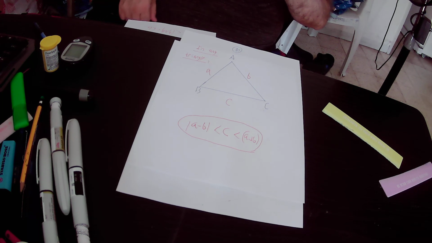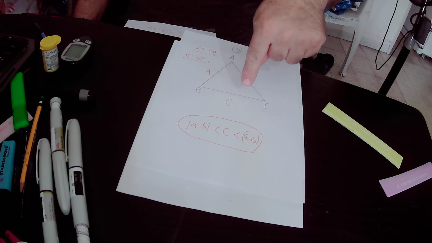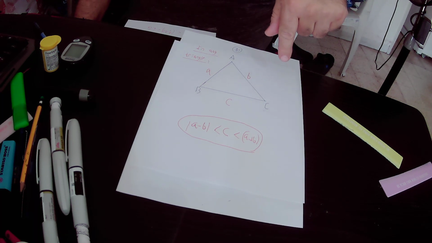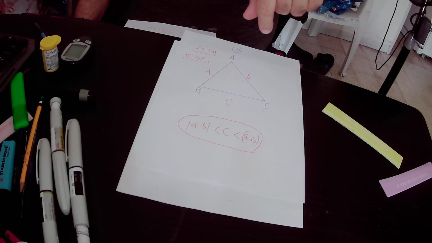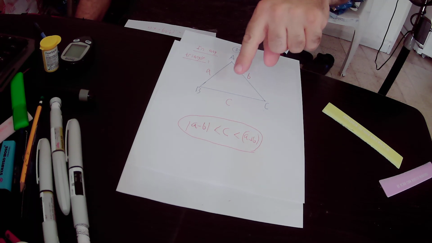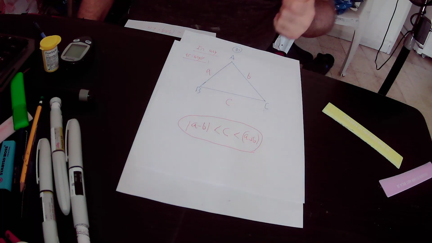That is to say, the absolute value of A minus B will always be smaller than C. Okay? So BC, which equals C units, will always be smaller than A plus B, and will always be greater than the absolute value of A minus B.